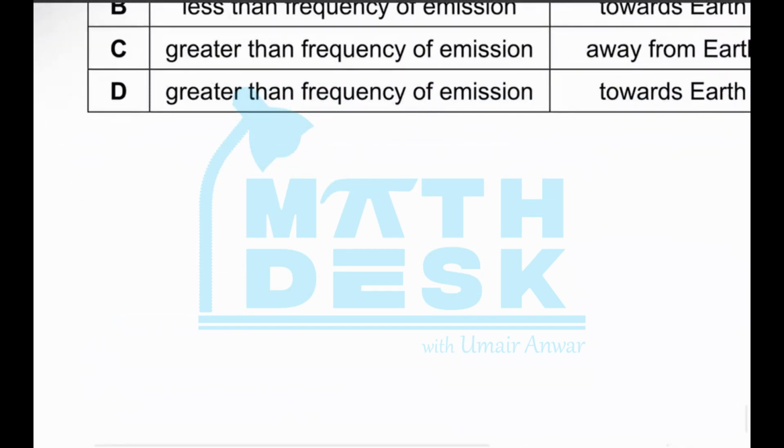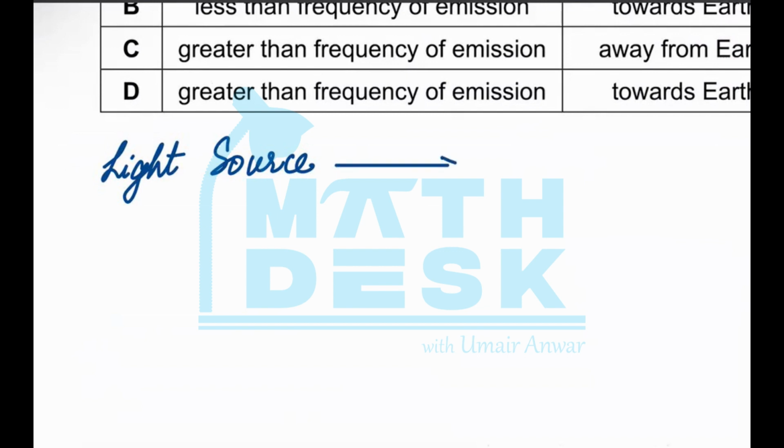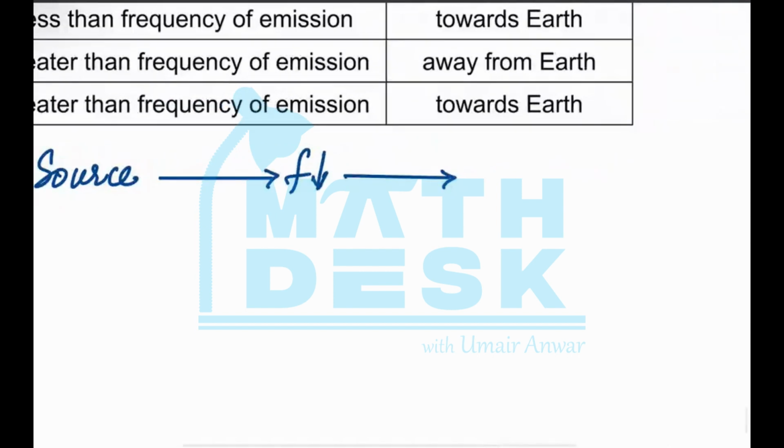Okay, so when a light emitting source moves away from something, for example, the galaxy is emitting the light and it is moving away from the Earth, this movement away reduces the frequency of the light. And when the frequency of the light is reduced, the color of the light is shifted towards the red.